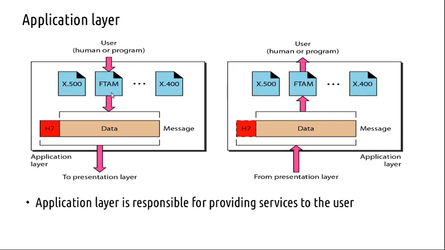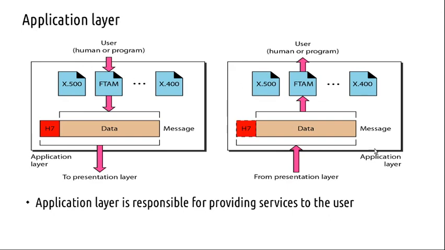It may be a browser, file transfer and management, FTAM, X.500, X.400. All those were obsolete protocols in the OSI days, concerned with frame relay and all those things. Now they no longer exist. The best you can give is a browser or a chat software. All those are application layer software, and that provides services to the user.